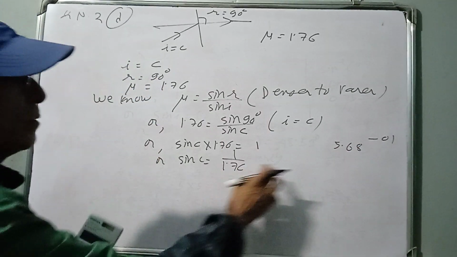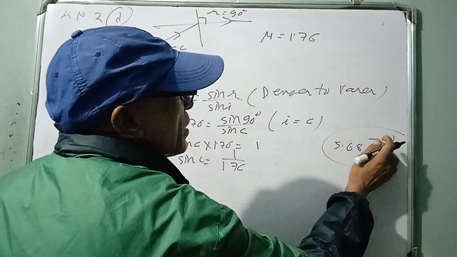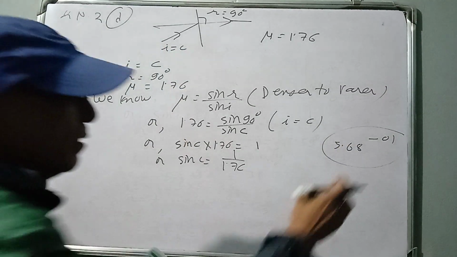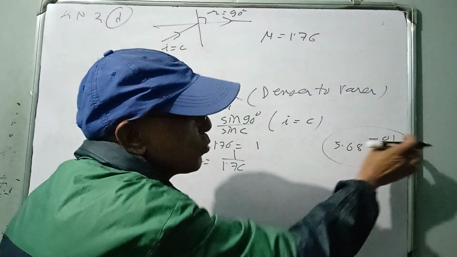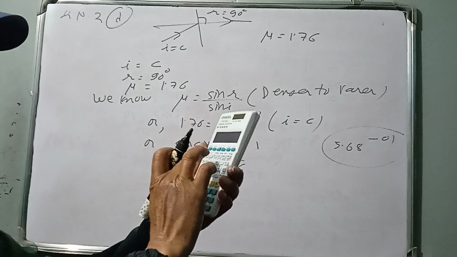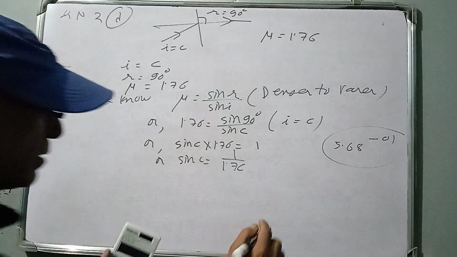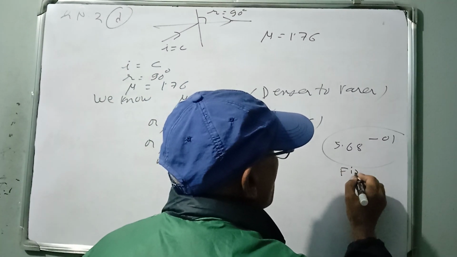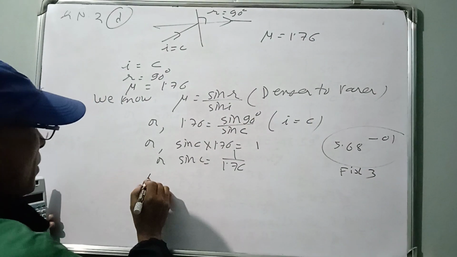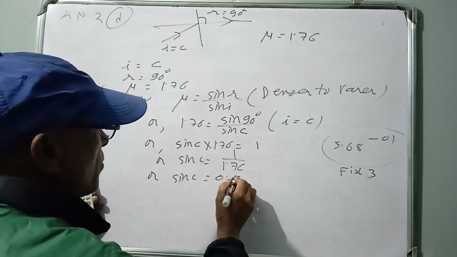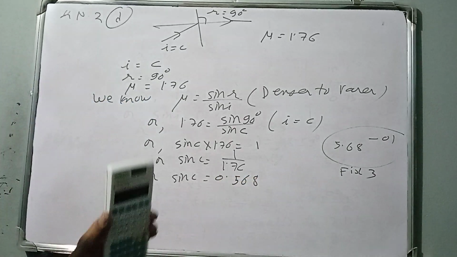Since the calculator shows this minus 1, it means divide by 10. Minus 1 somebody divide by 10, minus 2 somebody divide by 100. So write fix 3. You have to write fix 3. Put fix 3, or sin C equals 0.568.